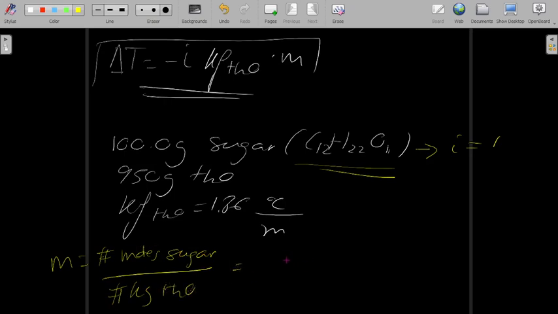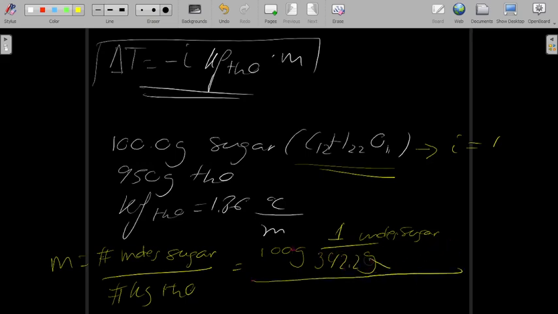Well, find out. Moles, 100 grams. I don't want grams, I want moles of sugar. And I know that in 1 mole, if I start adding the AMUs, so 12 carbons, 22 hydrogens, and 11 oxygens, my total comes up to 342.2 grams for 1 molecule of sugar.